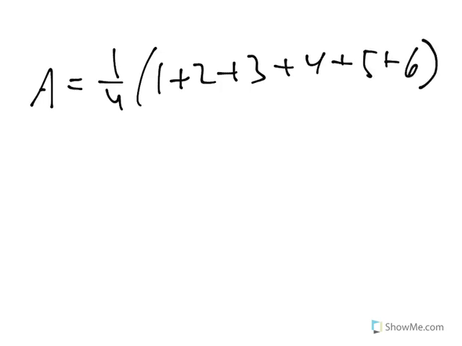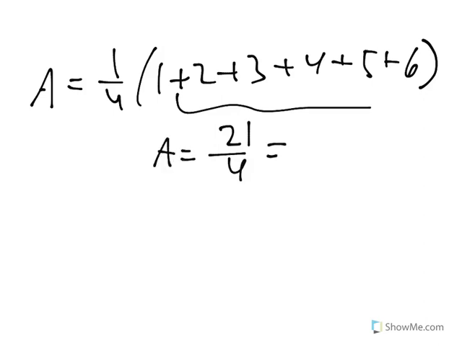And I could add these all together. And this one ends up being 21, and it ends up being 21 over 4, which is 5 and 1/4. Now we know the actual answer is 4.5, so I'm not surprised this is bigger.